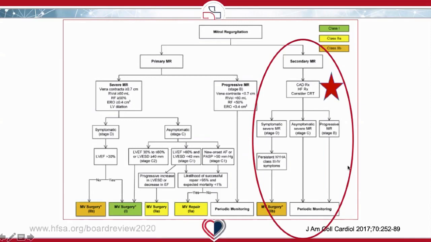While the 2017 guidelines still have mitral valve surgery as a 2B recommendation, clinically, if patients have functional mitral regurgitation that is out of proportion to the ventricular dysfunction, those patients would do best with the MitraClip for treatment of their MR.